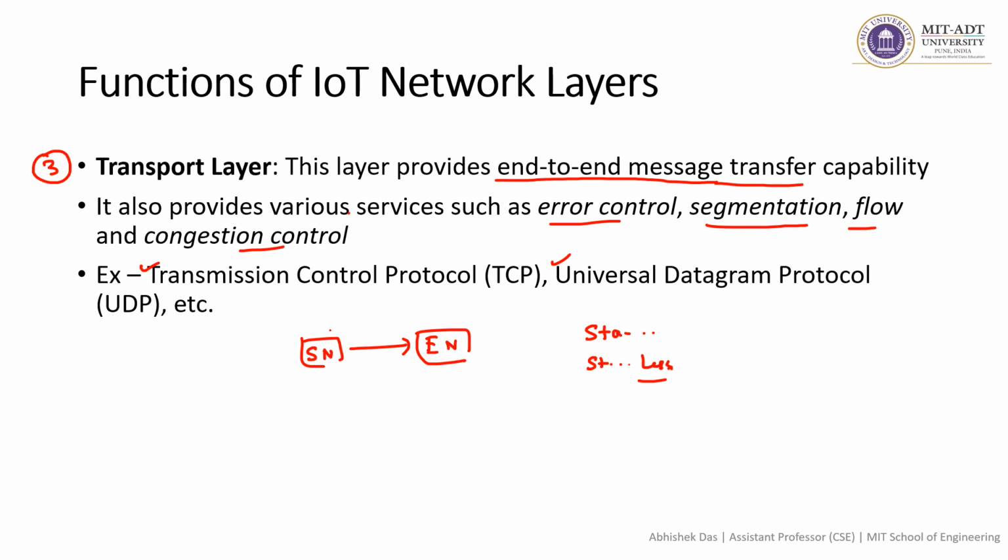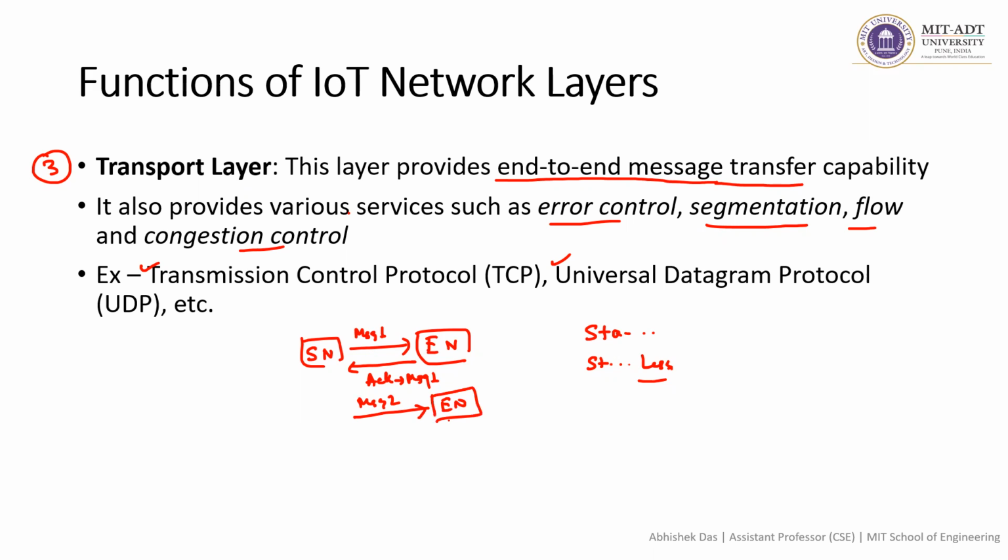In this kind of communication, once a message is sent from the starting node to the ending node, until the starting node receives an acknowledgement for message 1, it won't be able to send another message, message 2, to the ending node.